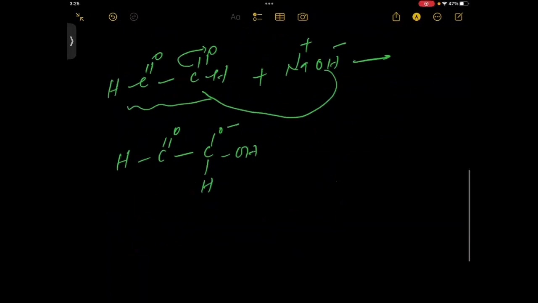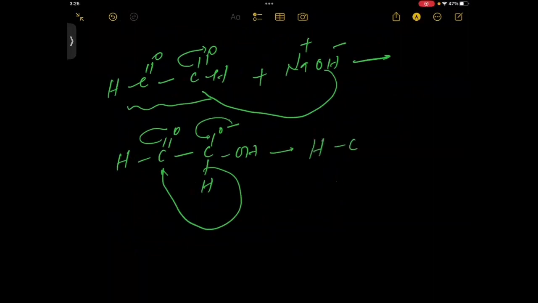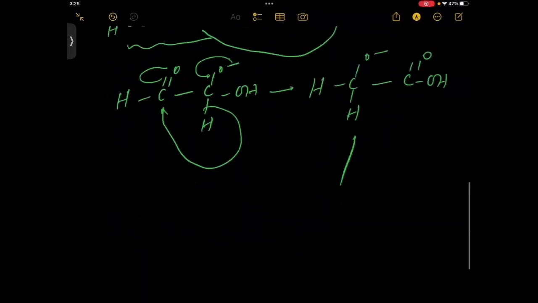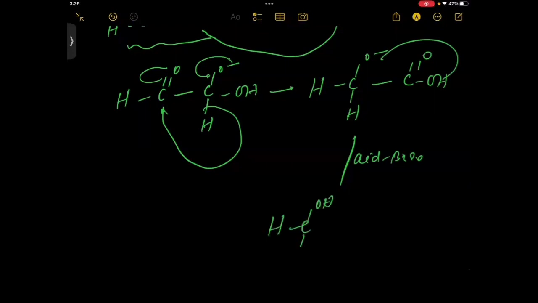Now the hydride will transfer to the second carbonyl group, and as a result that lone pair will come here, and now H, C, O negative, and H, C=O, OH will form. Now an acid-base reaction will start and the proton will transfer, giving H, C, OH, H, C=O, O negative.